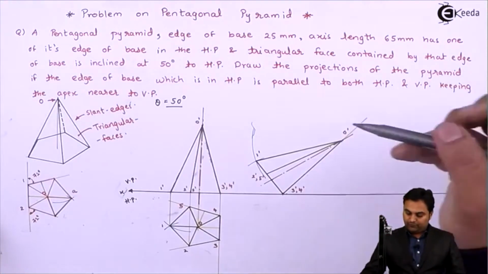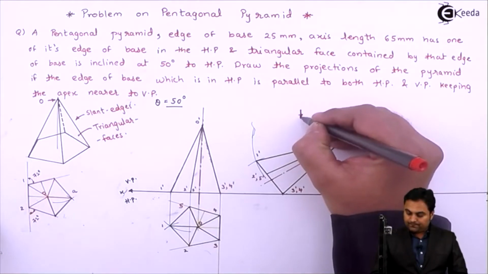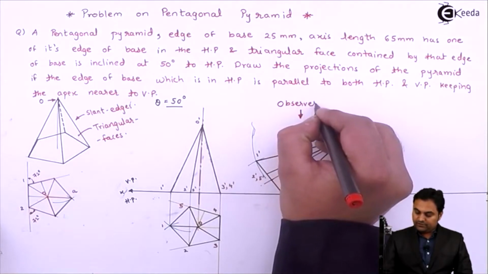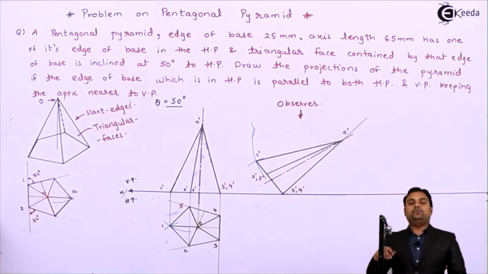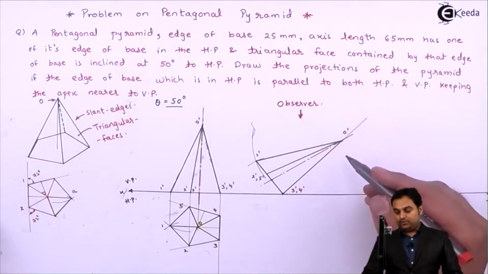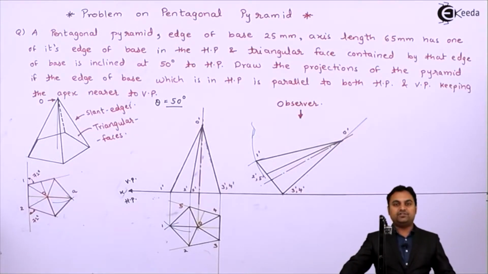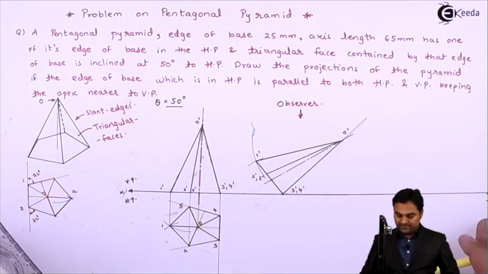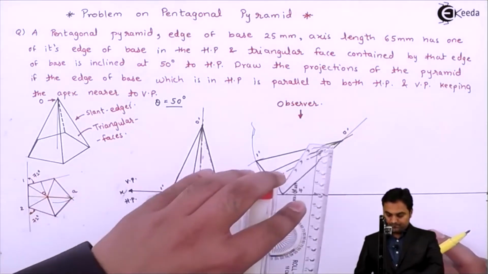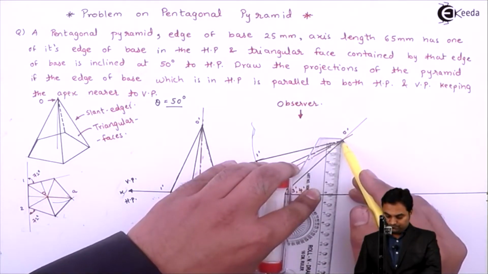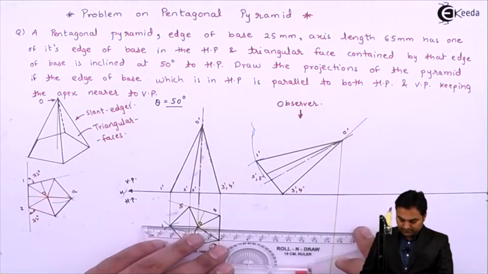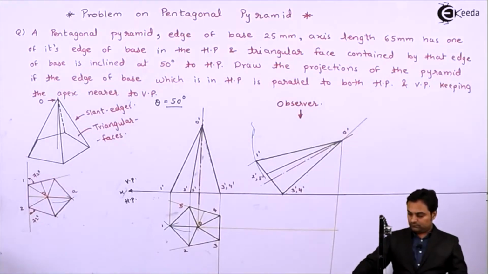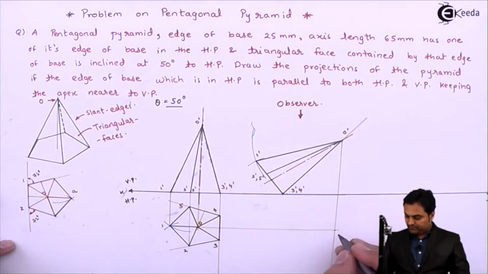Now I'll draw the top view for it, and in the top view, observer is here, and when the observer is at this location, those points need to be projected first which are closer to the observer, like point O dash, which is the apex, and here point O from the top view. Connecting it will give me point O.